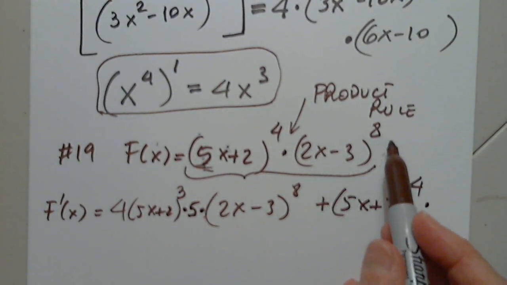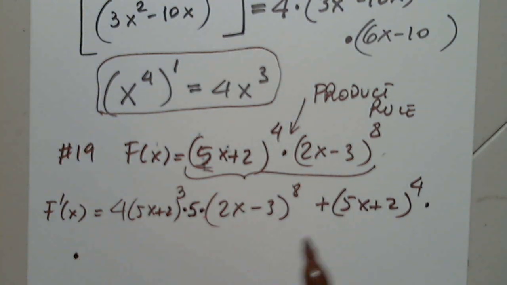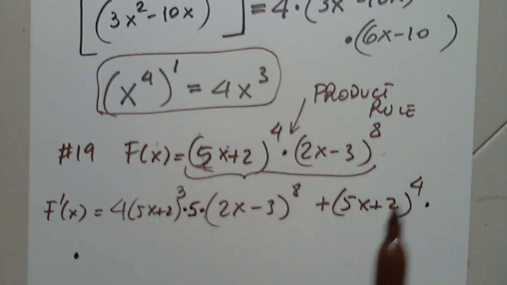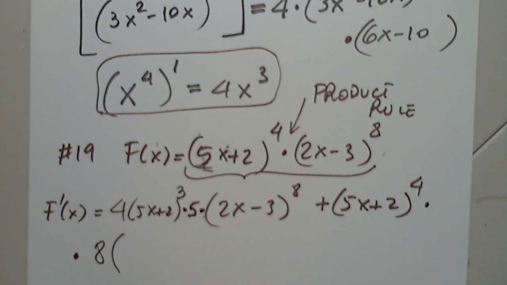But now I have to differentiate this. How do I differentiate 2x minus 3 to the 8th power? 8. Yes. I already have 5x plus 2. So we're differentiating this piece. 2x minus 3.